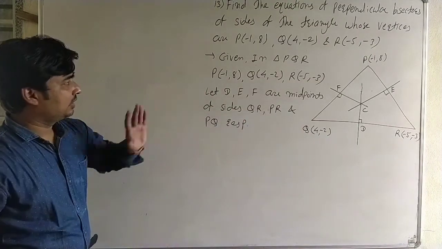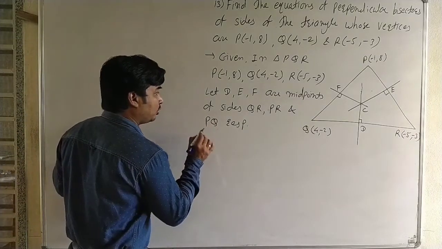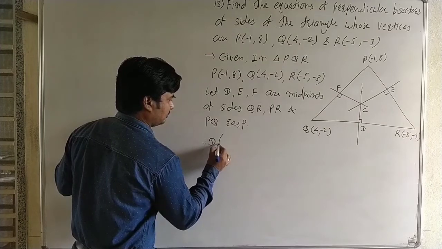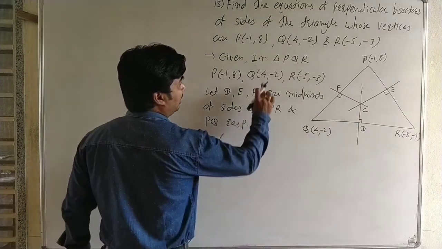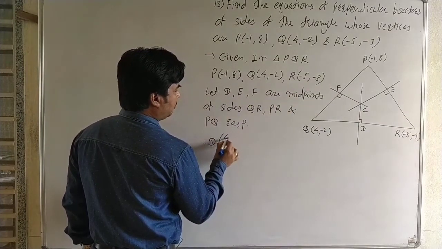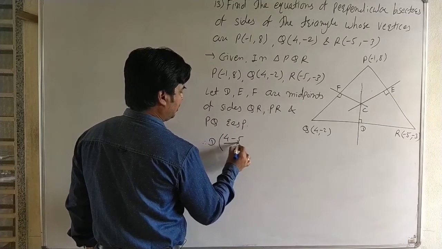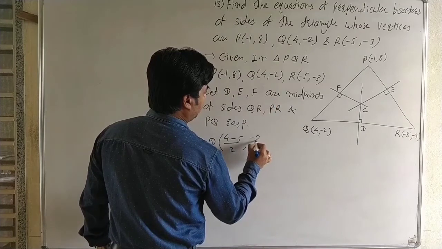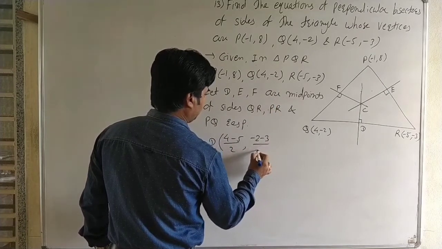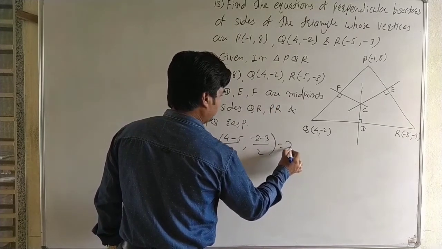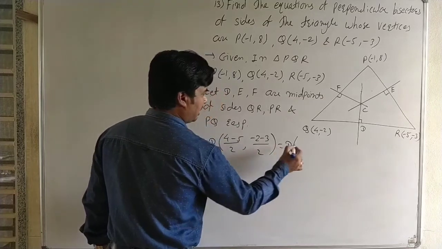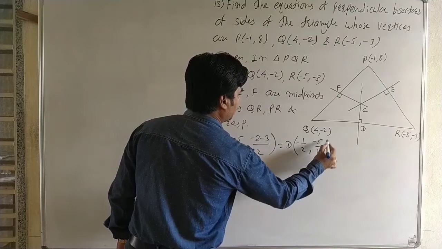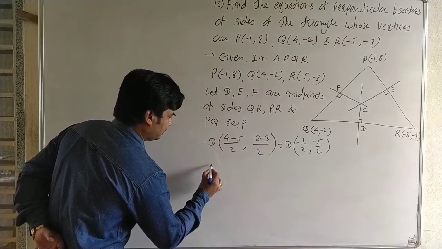Okay, here are the midpoints. Therefore, we find the coordinates of point D. D is a midpoint of QR: (4 - 5)/2 and (-2 - 3)/2. Therefore, coordinates of D are (-1/2, -5/2).